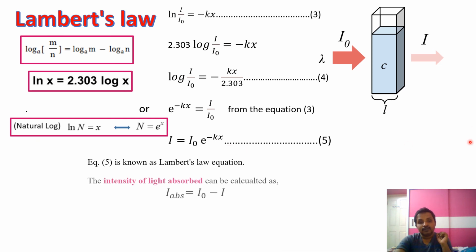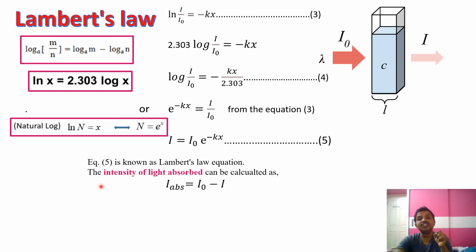Now let us calculate the intensity of light observed, which is equal to I naught, the intensity of incident light, minus the intensity of transmitted light. The intensity of transmitted light can be calculated using Lambert's equation.